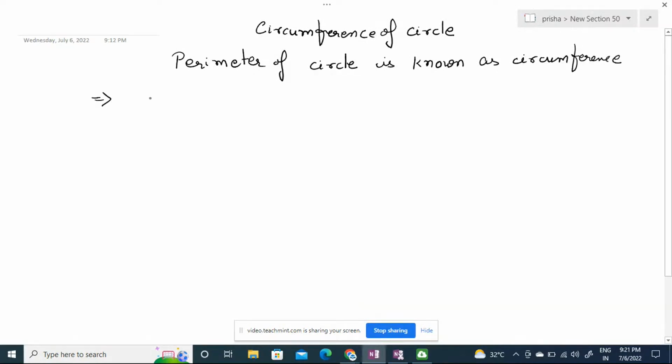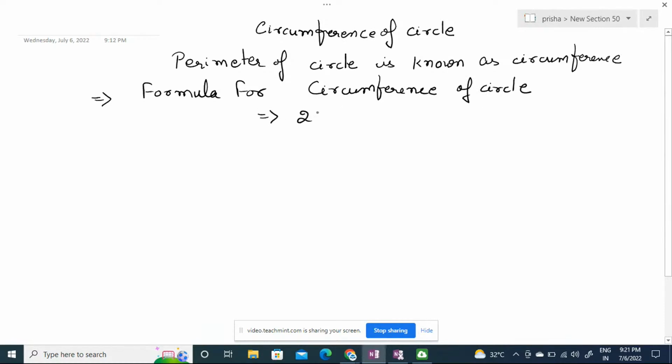Now, what is the formula for the circumference of the circle? The formula for the circumference of circle is 2 pi r, where the value of pi can be 22 by 7 or 3.14, as given in the question.